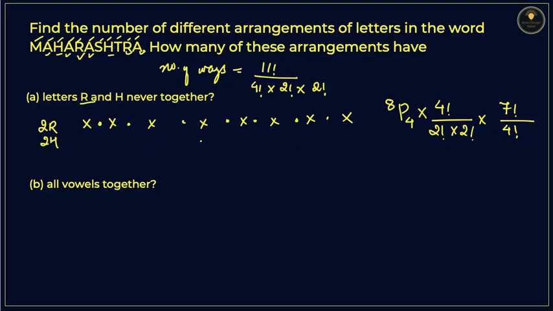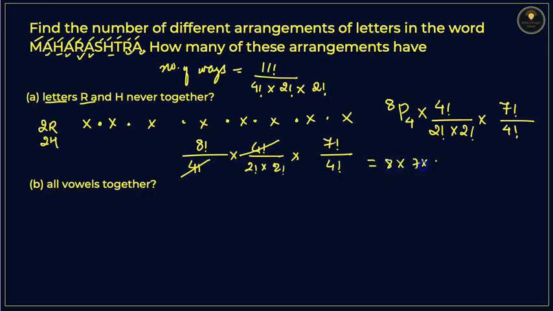Now let's solve this one. You get 8 factorial by 4 factorial, multiplied by 4 factorial by 2 factorial into 2 factorial, multiplied by 7 factorial by 4 factorial. The 4 factorials get cancelled, and we get 8, 7, 6, 5 over 2 multiplied by 2, multiplied by 7 factorial. 2 2s are 4 and 4 2s are 8.